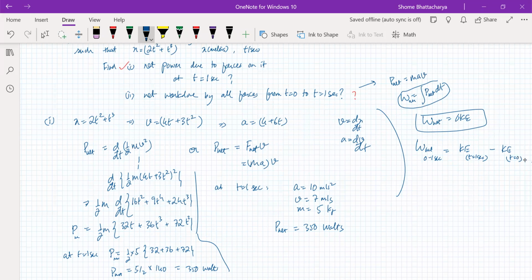Okay, so hope you all have worked out the second part. So you can see it's very easy to find the kinetic energy at t equal to 1 second. You already found out the velocity, right?